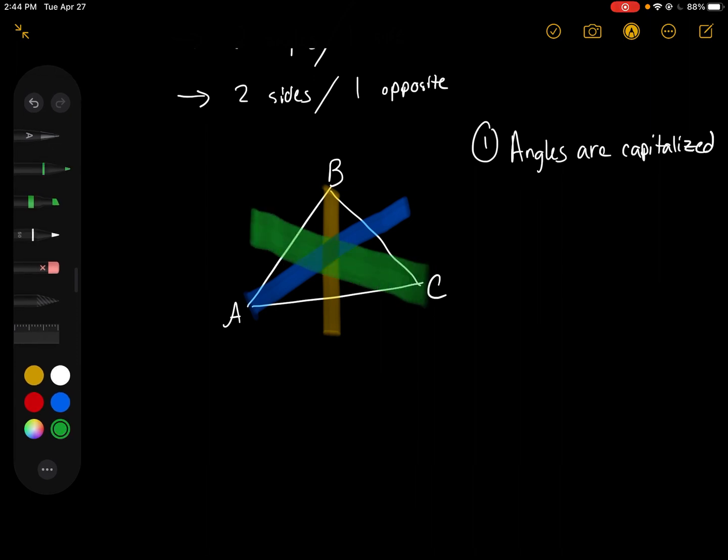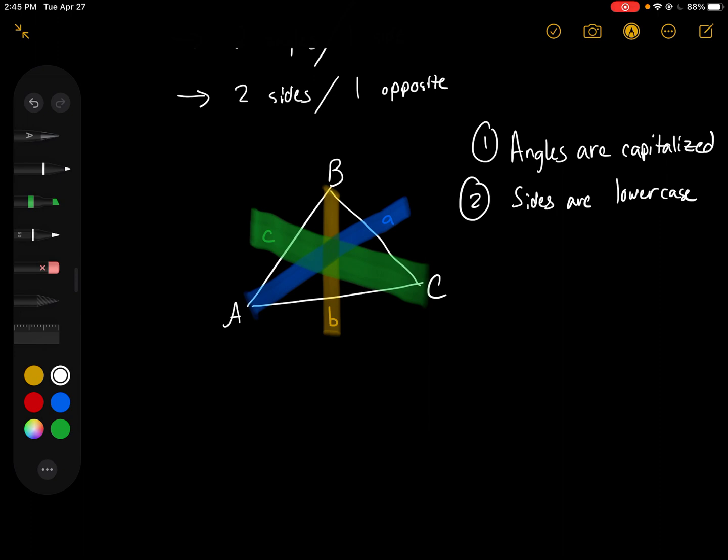Our sides are lowercase. And how do we find them? We go directly across from our angles. So side C is directly across from angle C. Side A is directly across from angle A, and side B, you guessed it, directly across from angle B.